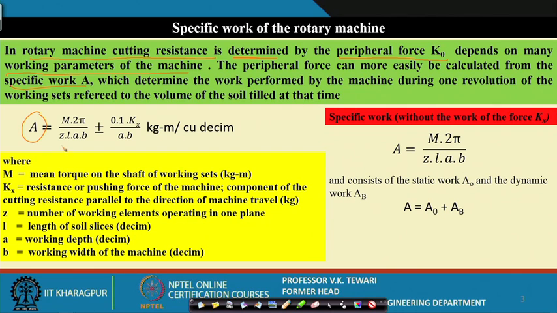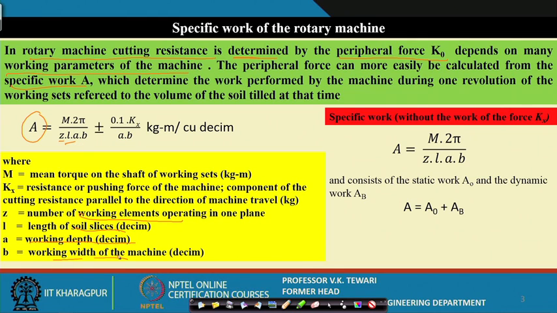So, this specific work A is given as m times 2 pi z, which is already known to you, the number of working elements; L, which is also known to you, the length of the soil slice, which we have discussed in the previous classes; then a and b, where a is the working depth and b is the working width.